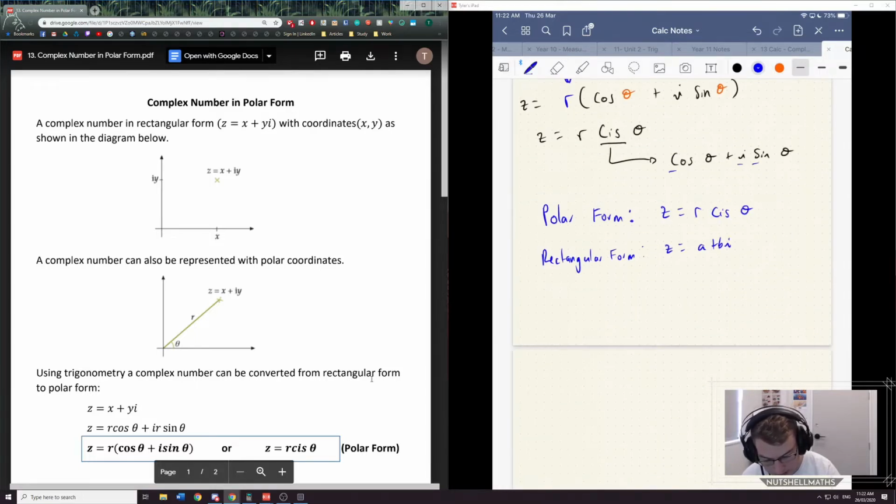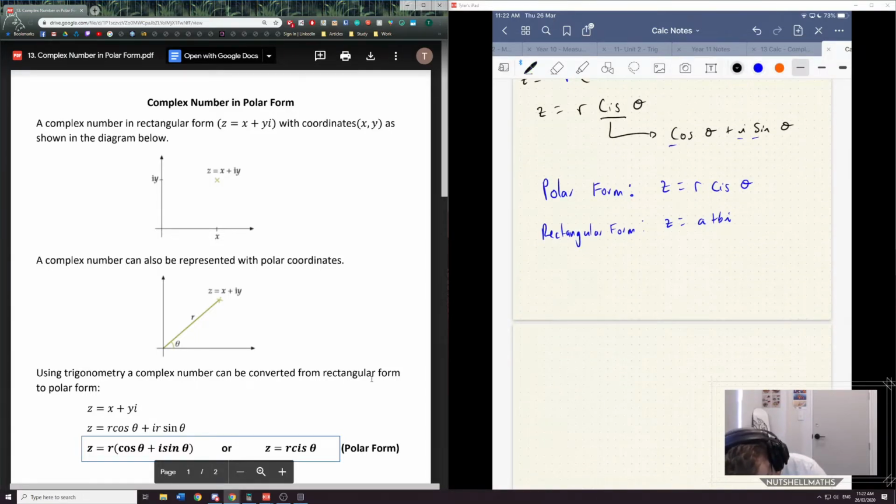In rectangular form, it's like we have two different bits of information: we get given the coordinates of this point, and that's it. We can create this line. In polar form, we're not given any coordinates, but instead we're given a length and an angle, which creates that line. We're creating the same line two different ways. That's why those two different ways mean the same thing.